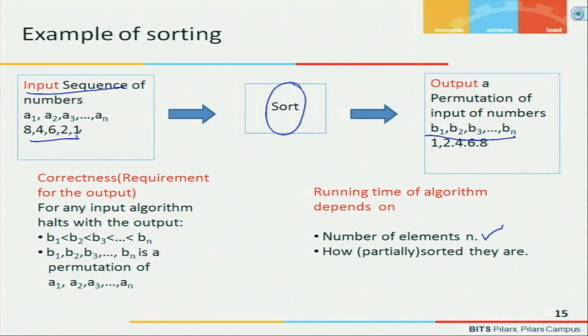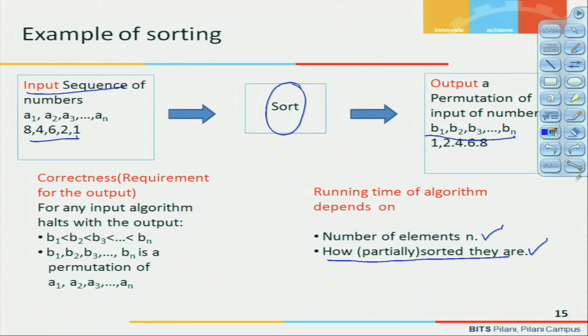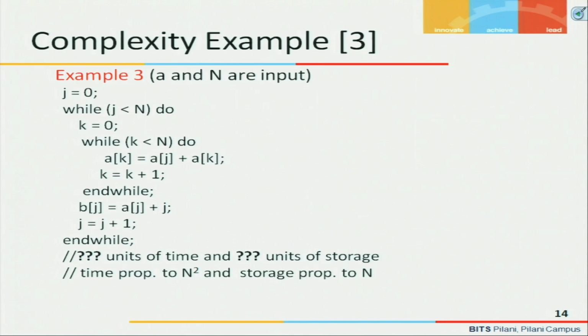And similarly, in this case, if you have some more knowledge about the sequence, whether your algorithm can take advantage of it and whether the number of steps that you are going to do is going to depend on that.